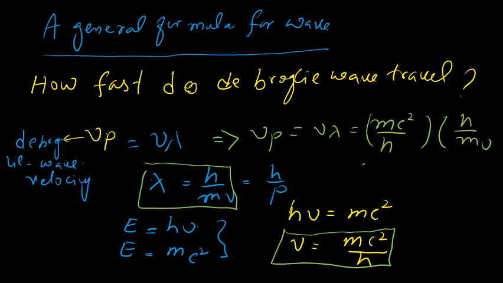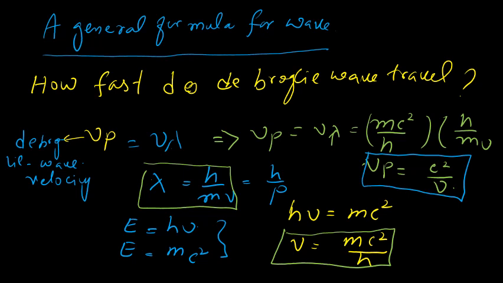So Vp, the de Broglie phase velocity, comes out to be equal to c square over v. So it is the de Broglie wave velocity.